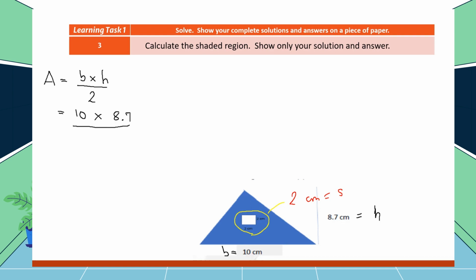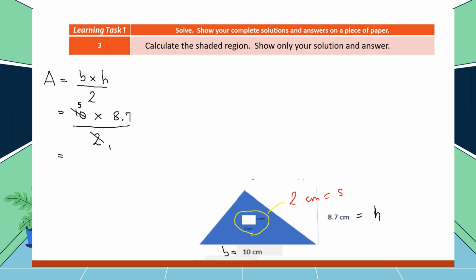Then divided by 2. So if you look at this expression, pwede nating makancel yung 10 and 2 by 2. So paano? I-divide natin sa 2 kasi common divisor nila ay 2. What is 10 divided by 2? Well, the answer is 5. And 2 divided by 2, the answer is 1.